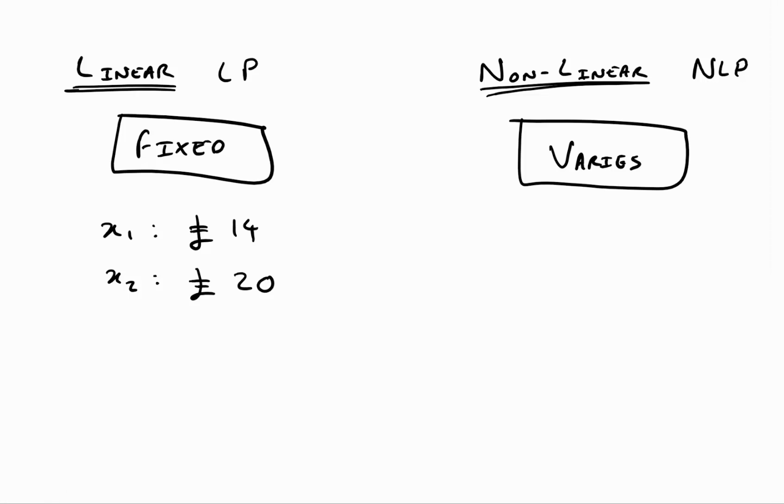Price maybe isn't the best example, so let's say the number of units which are made. The number of units of x1 depends on the number of units of x2.